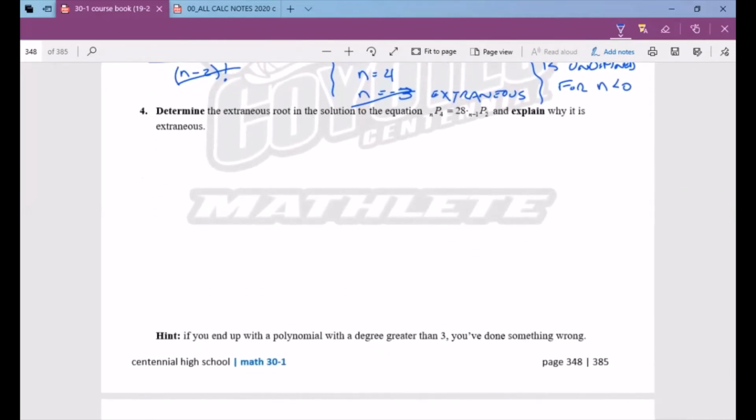Number 4. Pretty similar, but a little more complicated algebraically. Determine the extraneous root in the solution of np4 is equal to 28 times n minus 1 p2.